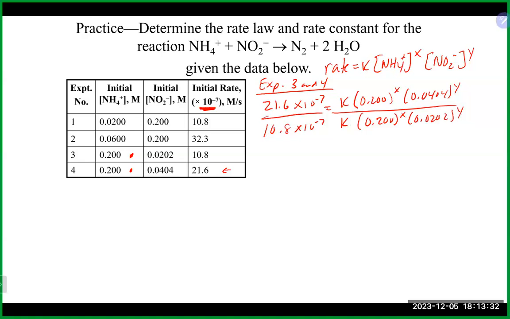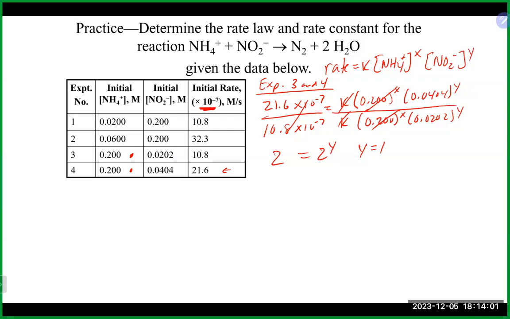So if we do that there, you'll end up with 2 here is equal to, once again, these will completely cancel, and we'll have a 2 to the y here as we do the last part there. And here that would give us y is equal to 1. So the order with respect to the NO2- is going to be 1.